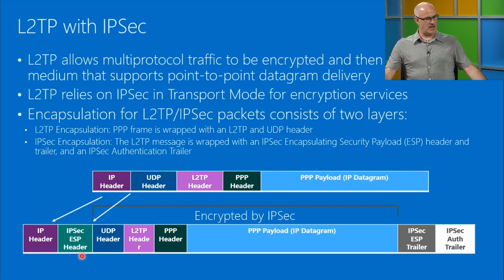So you're adding the IPSec ESP header, the trailer, you're encrypting this payload, and then also adding an IPSec authorization trailer. So this is basically what the packet encapsulation and encryption looks like. You start up here with this packet, and then that gets encrypted and encapsulated in this packet here.